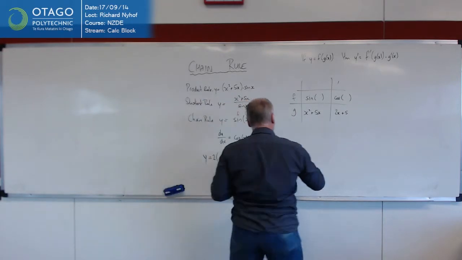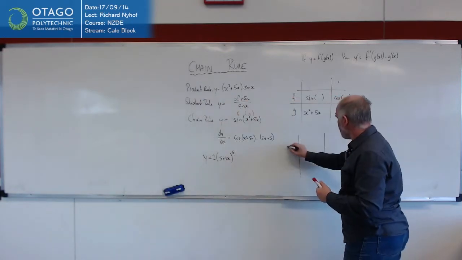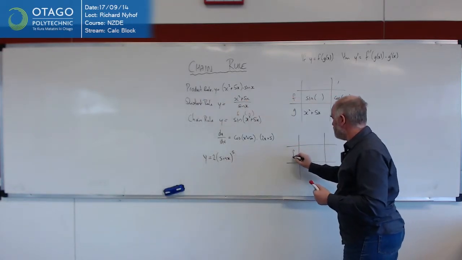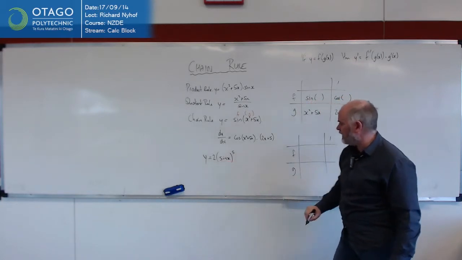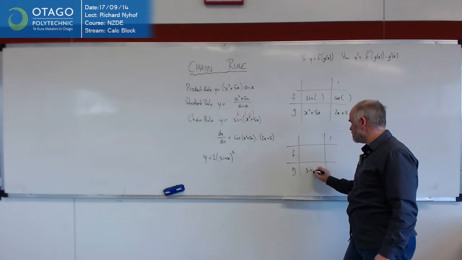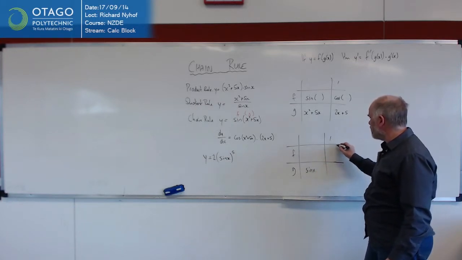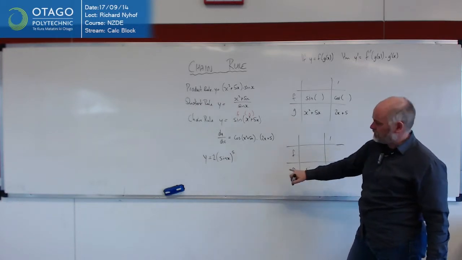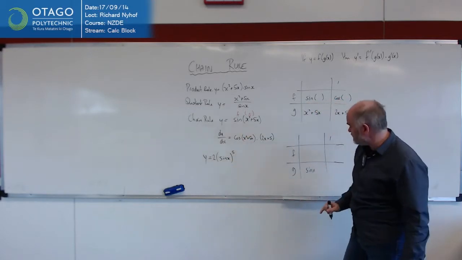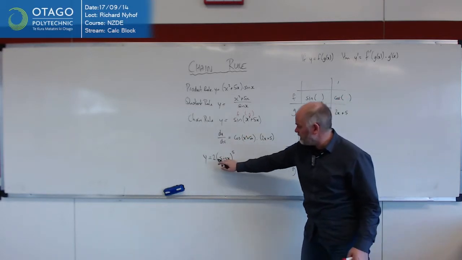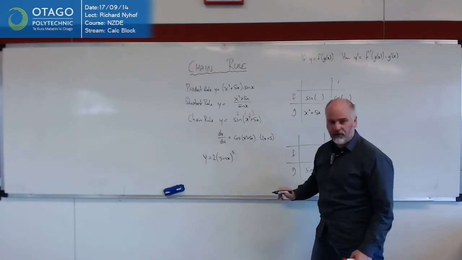So what's on the inside? Sine x. And notice I've gone with sine x this time, it's not sine of a whole lot of stuff like it was here. It's just sine x. And what's on the outside is 2 to the power of 5.